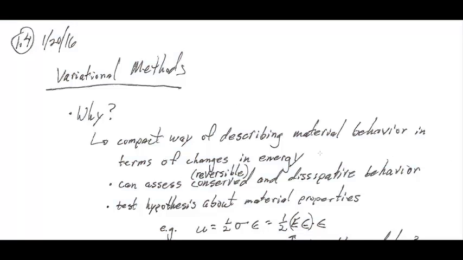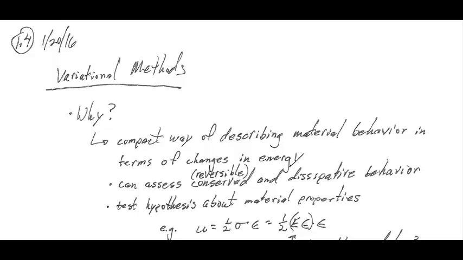So what I mean by that is we'll often pose problems in terms of its energy and then apply some boundary conditions and see how does that energy change, what are the underlying influences on the governing equations. So by doing that we can assess or analyze reversible behavior and compare this with dissipated effects.